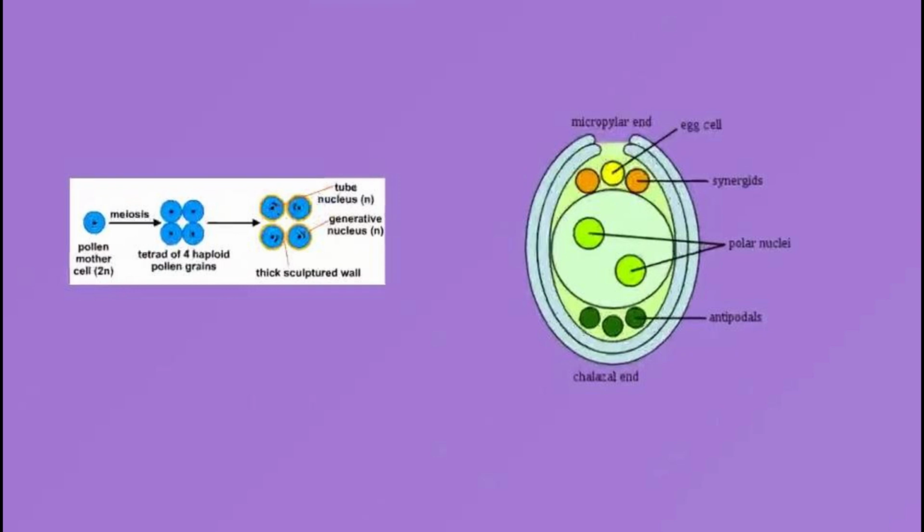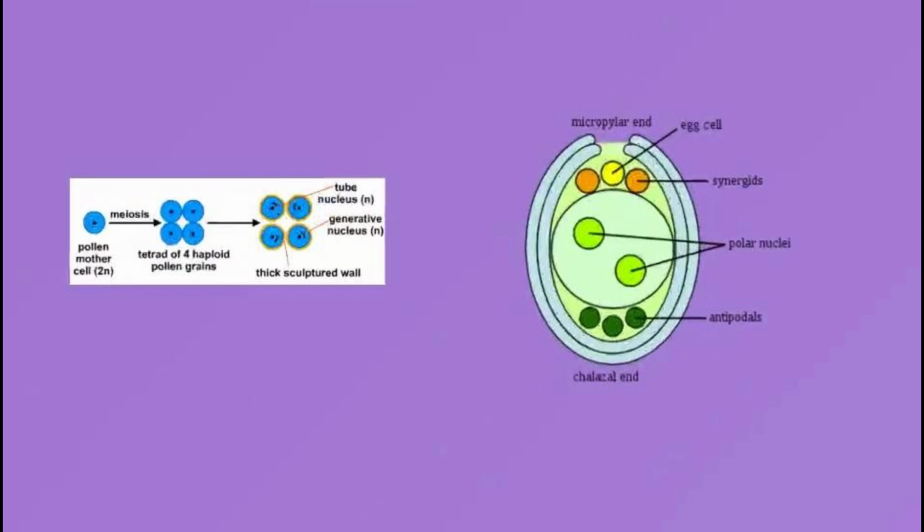So we just have diploid microspore mother cells in the anther undergoing meiosis. They form 4 haploid microspores. The microspores then mature into pollen grains. But what is special about these pollen grains is they consist of 2 nuclei, the generative nucleus and the pollen tube nucleus. And we're going to learn about those in a minute when we go over fertilization.